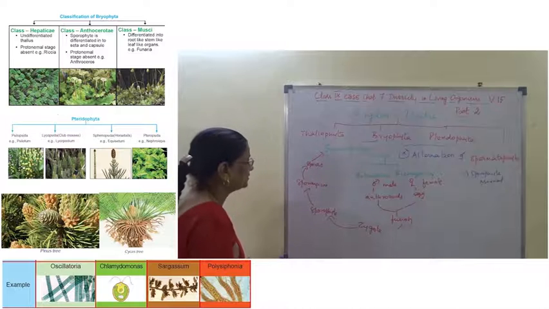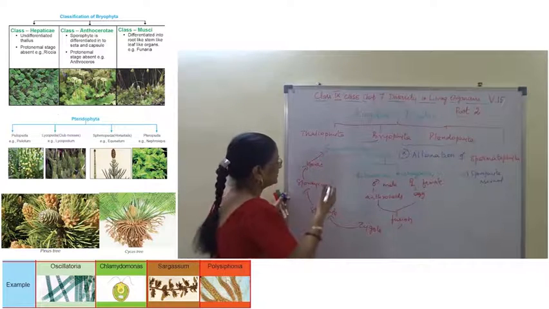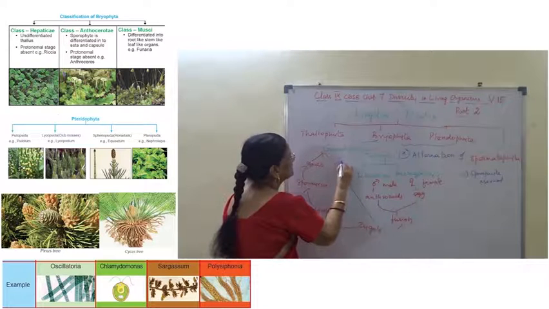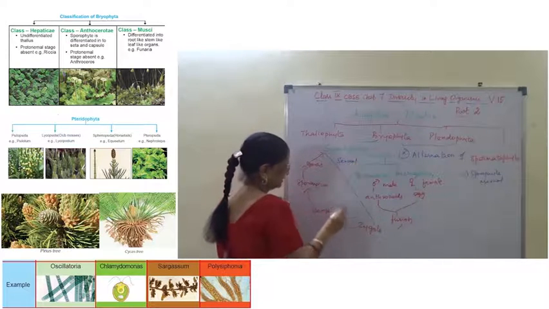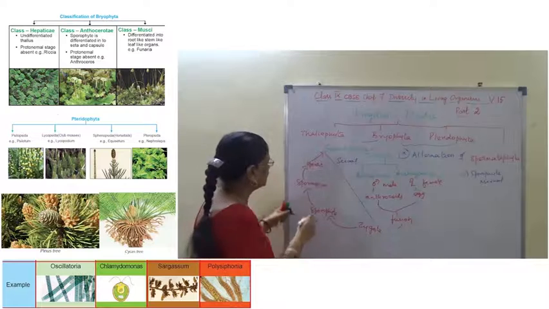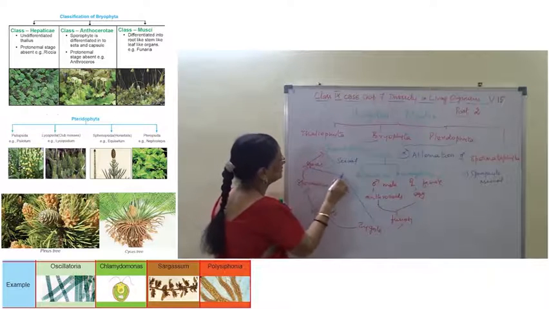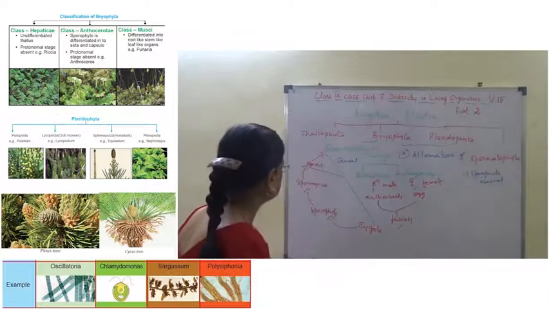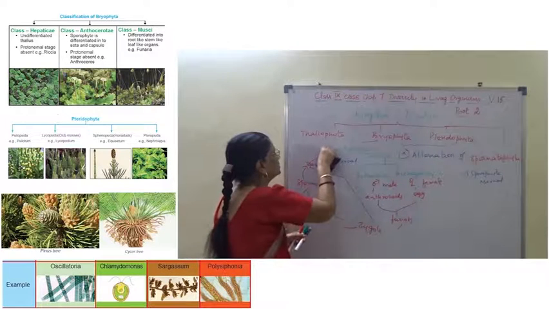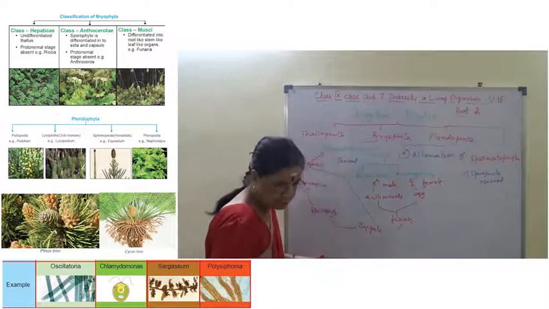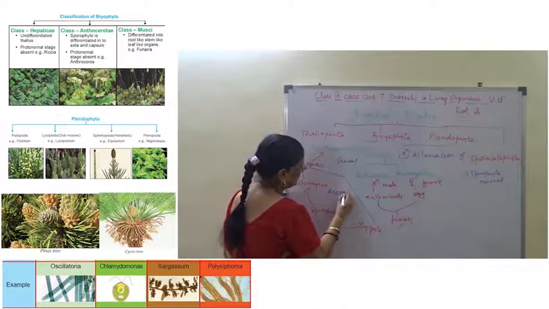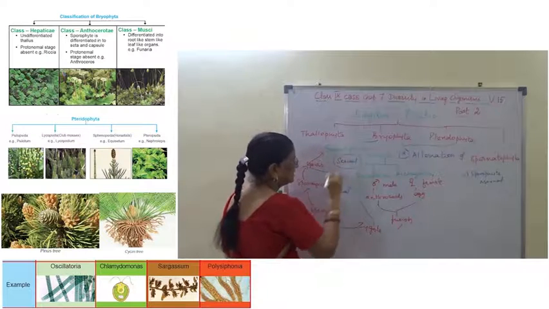What you have to understand is that from gametophyte till fusion, this is sexual reproduction. And from the formation of zygote to spore formation, it is asexual reproduction. That is why they alternate with each other.